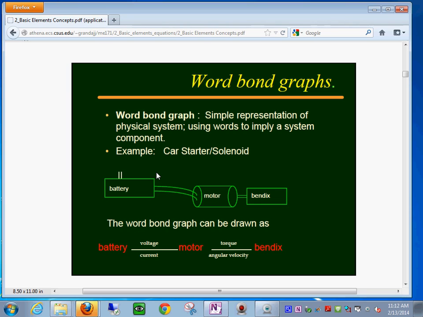But the representation of that little system implies the use of these generalized variables. Here you have the battery, put the voltage here, and then you have the motor, and then you have the torque and the angular velocity. This is called word bond graphs.